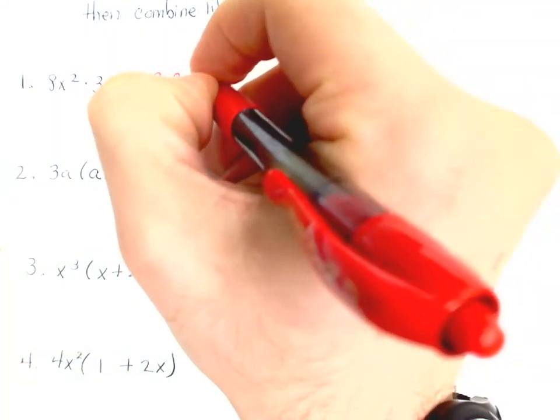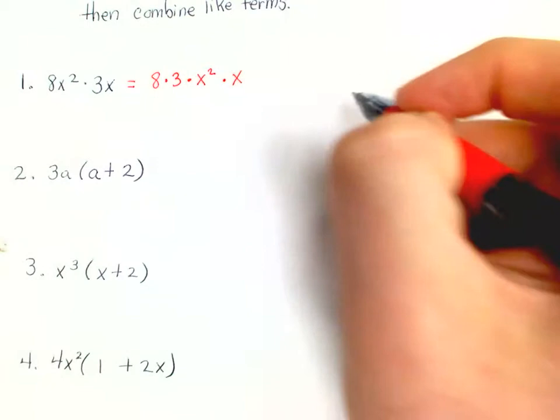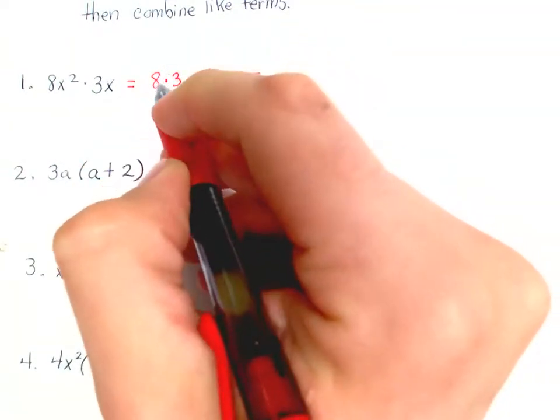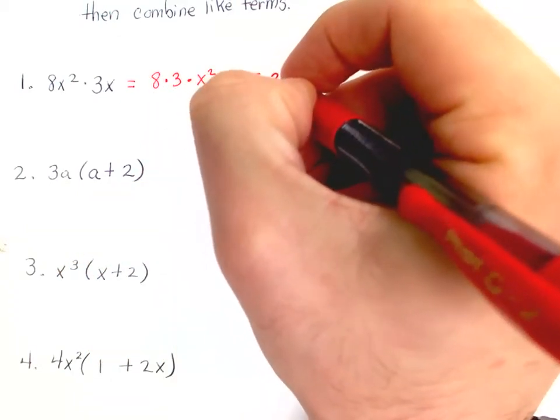So x squared went with 8, so let's place it first, times the variable that went with the 3, so that's x. So when we combine those, we get that 8 times 3 is 24.